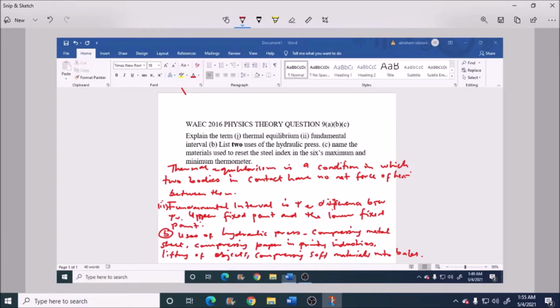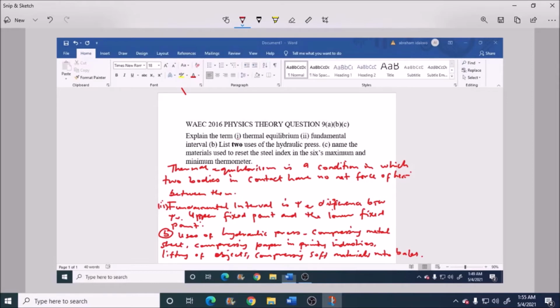Now the maximum and minimum thermometer is a type of liquid in glass thermometer used by weathermen in meteorological stations. It records both the maximum and minimum temperatures for the day. So I'm going to outline the material used to reset the steel index in the Six's maximum and minimum thermometer.